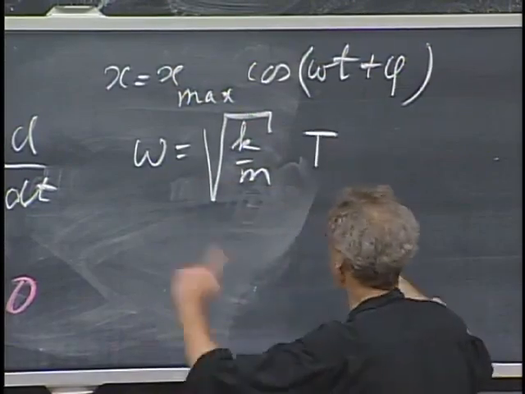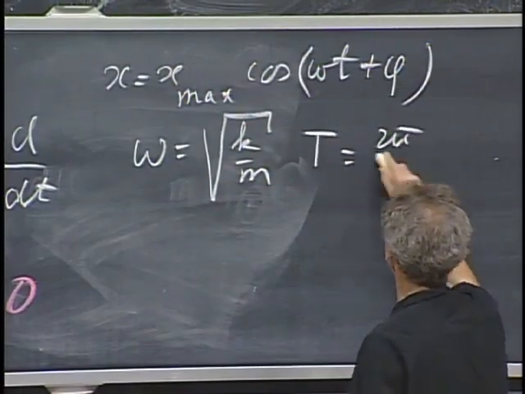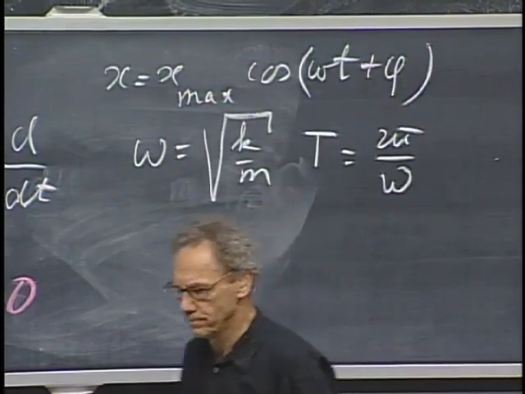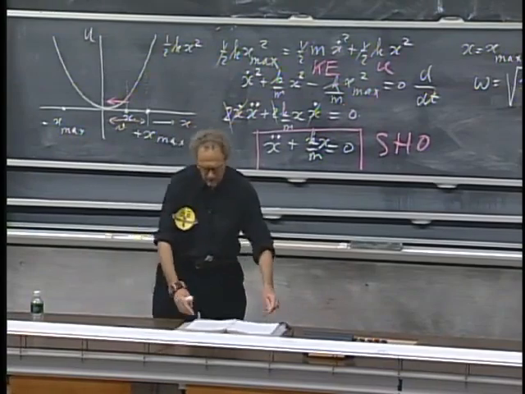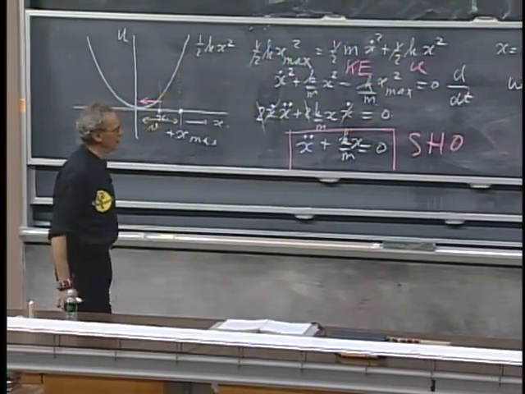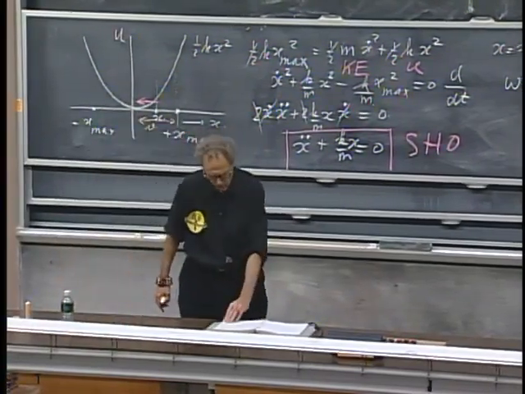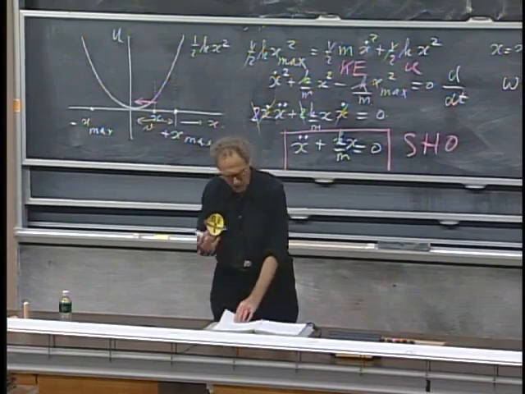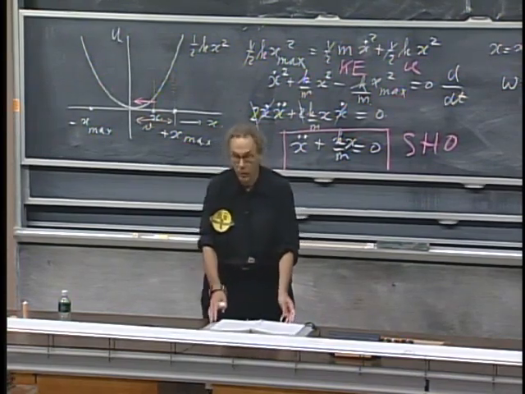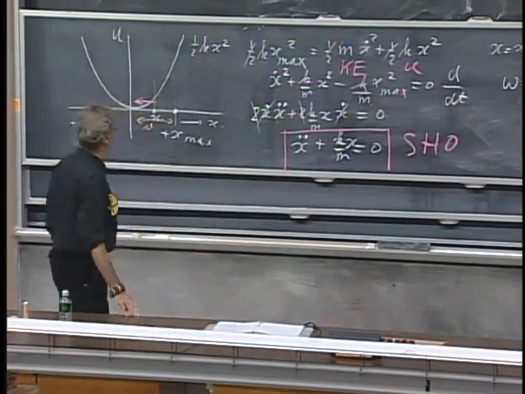And the period for one oscillation equals 2 pi divided by omega. We were able to do this. We were able to apply the conservation of mechanical energy because spring forces are conservative forces. So you've seen in a completely different way how you arrive at the same result.